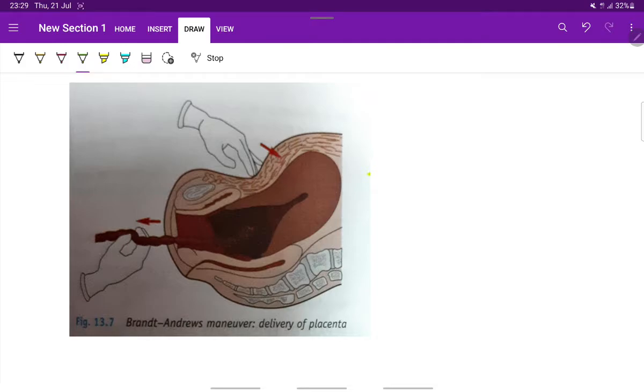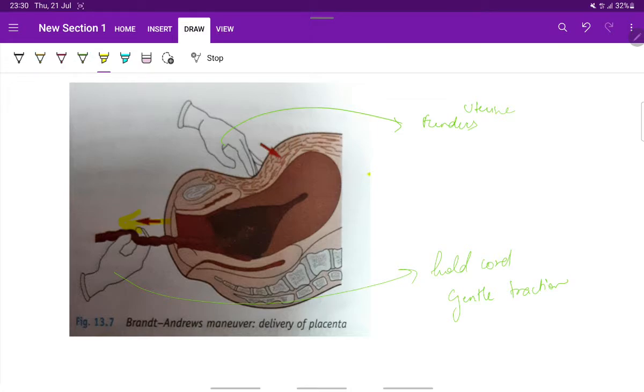Here we give pressure over the fundus of the uterus with our left hand, massaging the uterus so that it contracts, and it pushes the uterus firmly, whereas using the right hand we hold the cord and give gentle traction in the axis of the outlet as shown here.